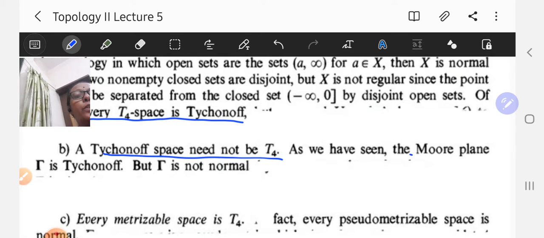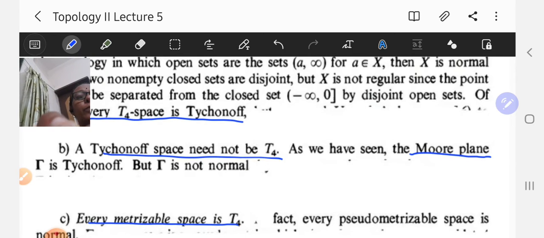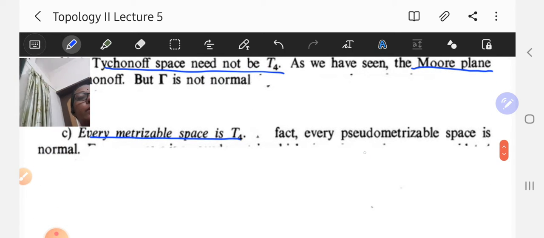An example is that the Moore plane gamma is Tychonoff, but gamma is not normal. The next example is that every metrizable space is a T4 space. And one more example, that is, every pseudo-metrizable space is normal.